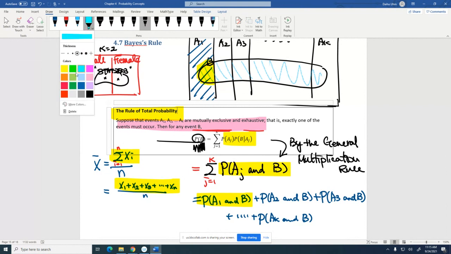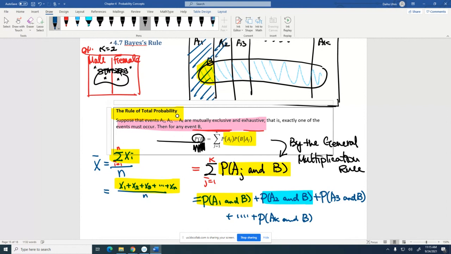And the next one, A2 and B. Where is the A2 and B? Again, in the middle, the common area.